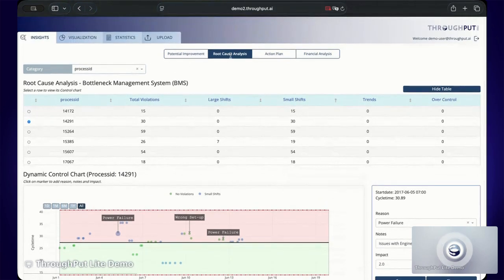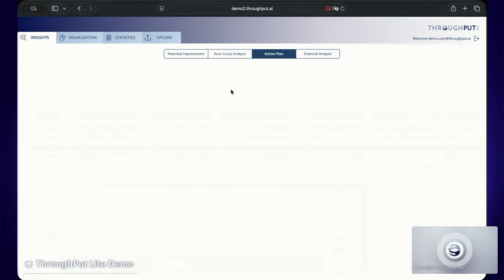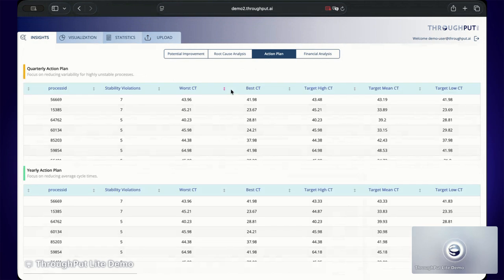Finally, after you've decided where to focus on your areas of potential improvements, which tools or processes those should be, you move towards the action plan. The action plan is in two buckets. One is the quarterly action plan that's focused on reducing variability for these highly unstable processes, where you're given both what the current best cycle time and worst cycle time are, and then the bands that you should be aiming for from a target perspective.